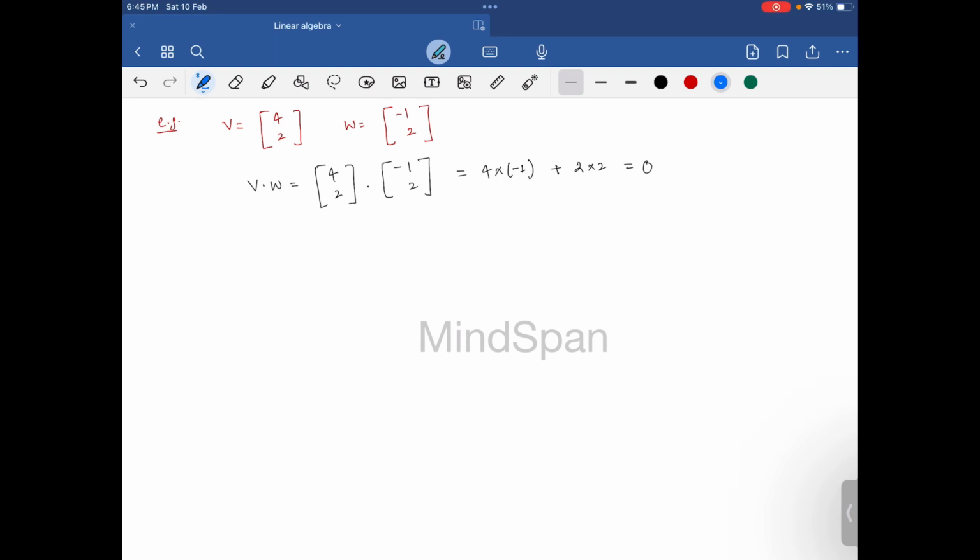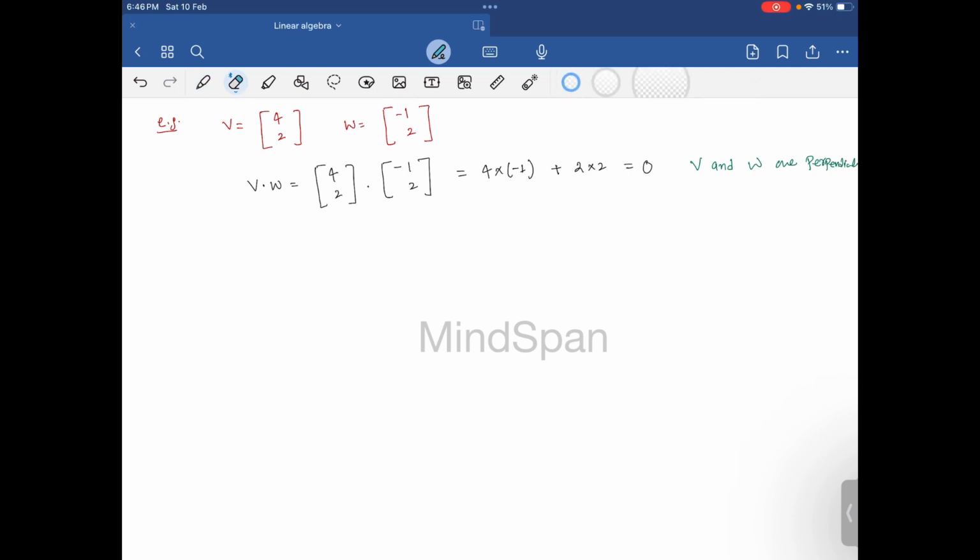So in this case, this 0 says that if we take the dot product between two vectors and we get the result as 0, then v and w are perpendicular.